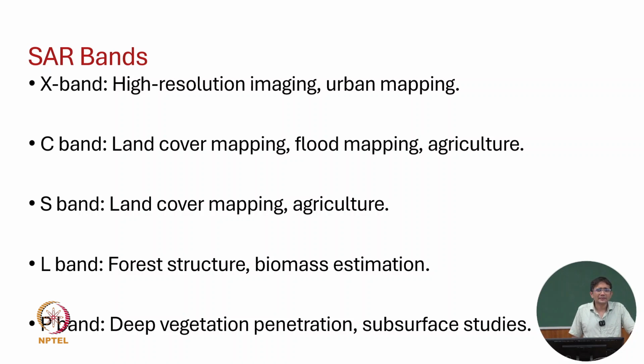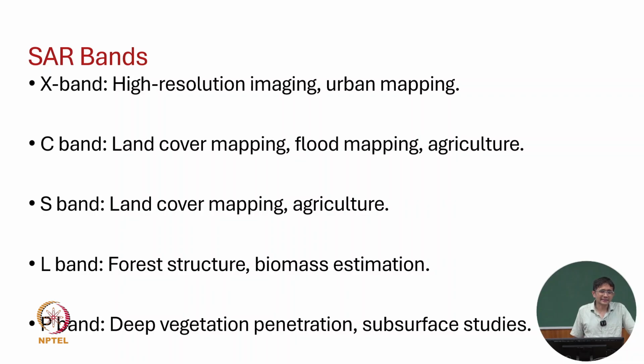C band helps in land cover mapping, flood mapping, agriculture. S band helps in land cover mapping, agriculture. L band helps in forest structure, biomass estimation. P band helps in deep vegetation penetration, subsurface studies.